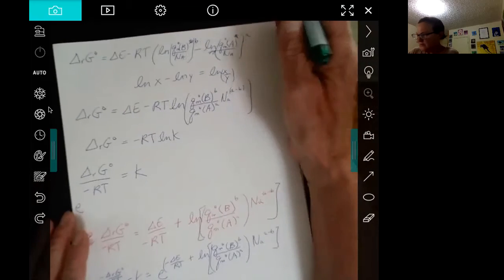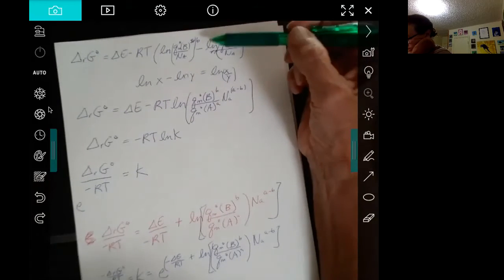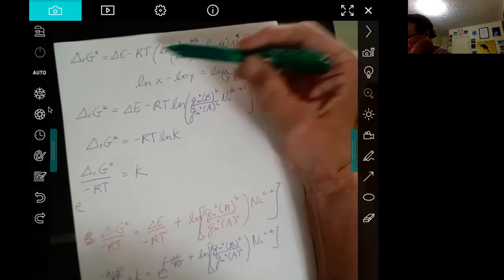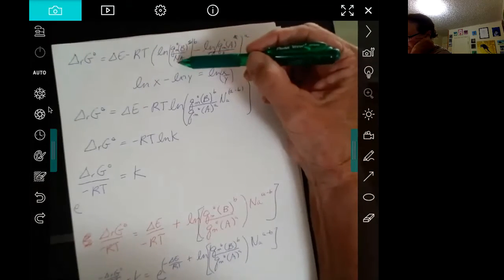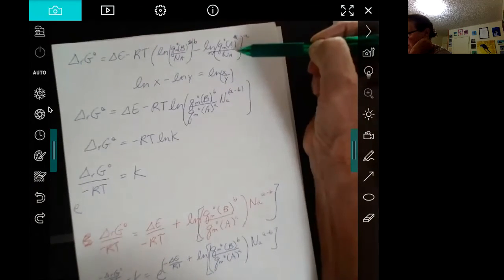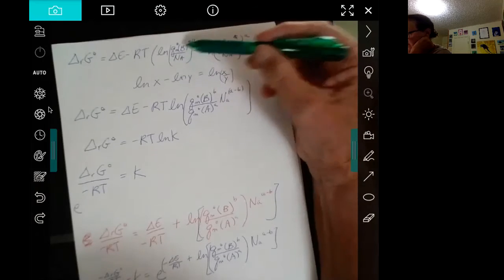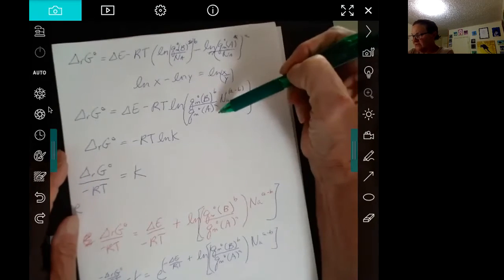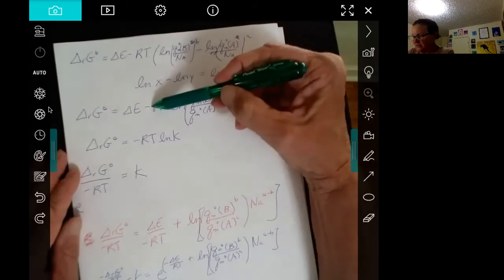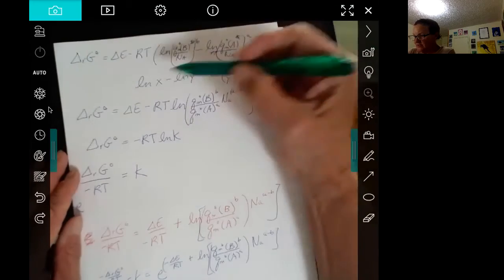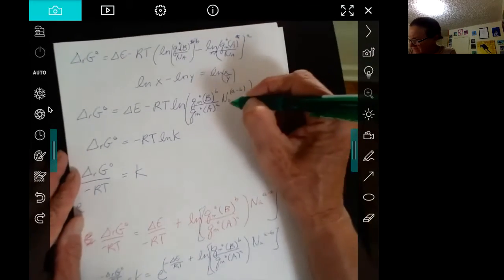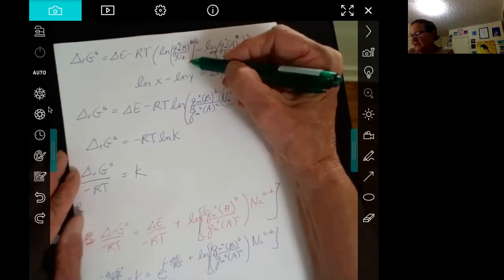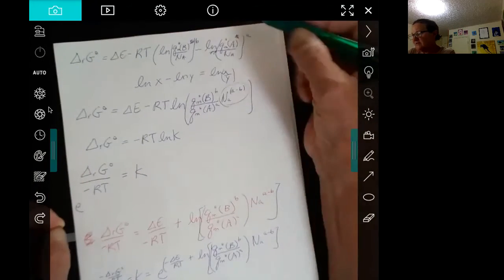I feel like the ln of B, no, that's true. If we keep the negative here, then this is ln of x minus ln of y, which is ln of x over y. So that puts the partition function for A down in the denominator, as long as you keep the negative RT out front. So if we group those together, this term just comes from always having NA in the denominator for products and reactants.